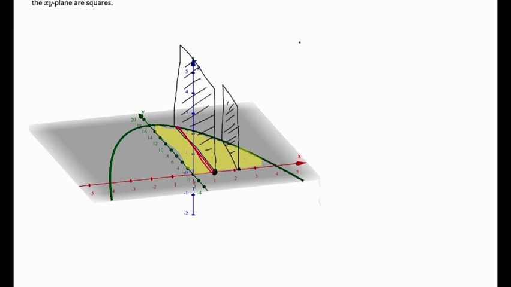So when we define our cross section, it's going to be 16 minus x squared times 16 minus x squared. I'm just going to write it as 16 minus x squared squared.